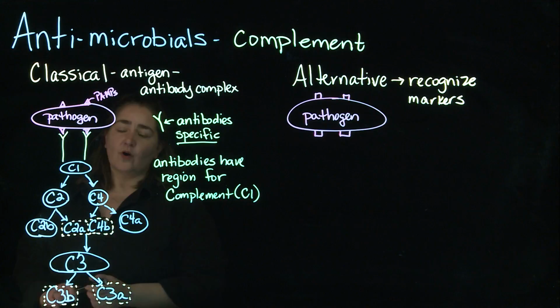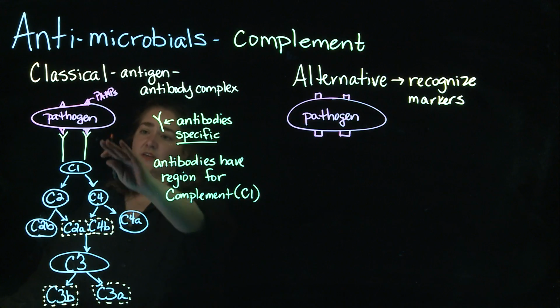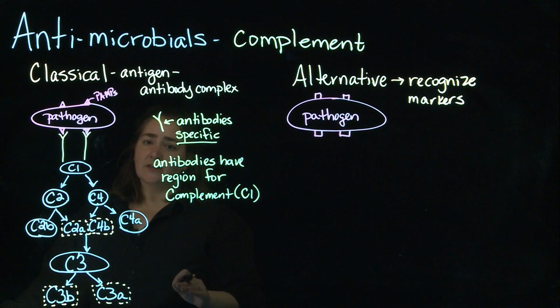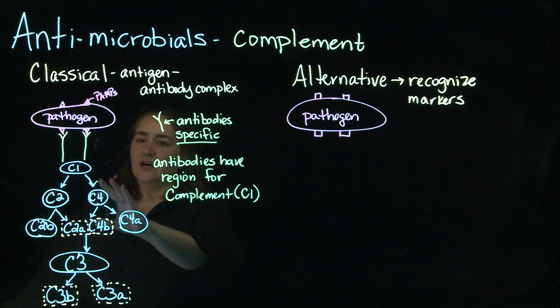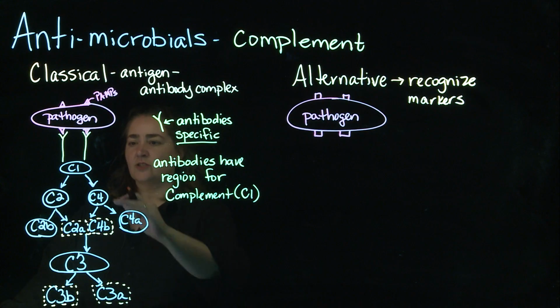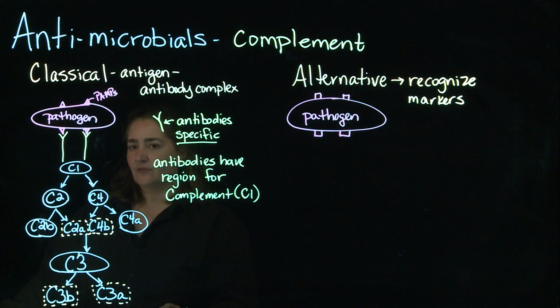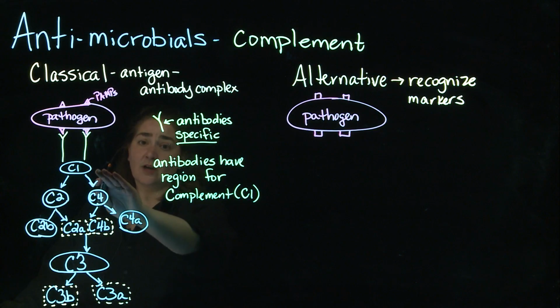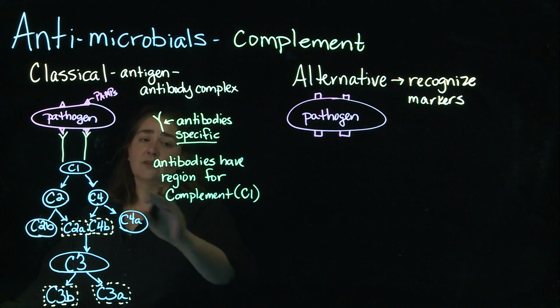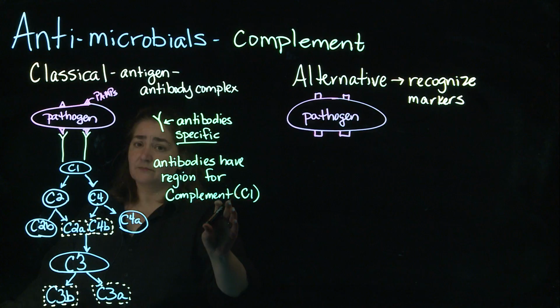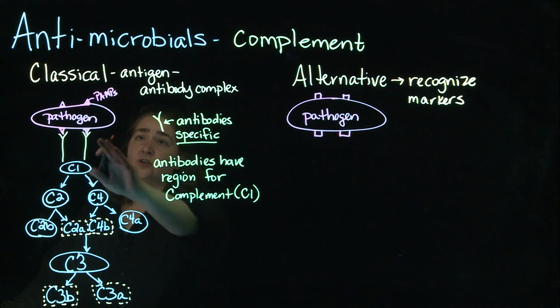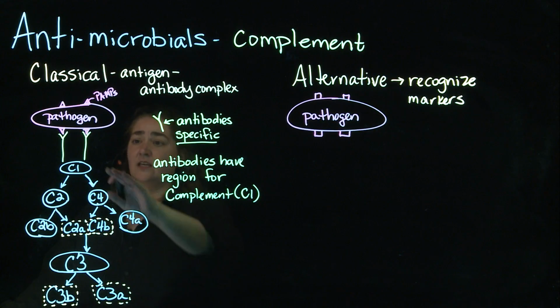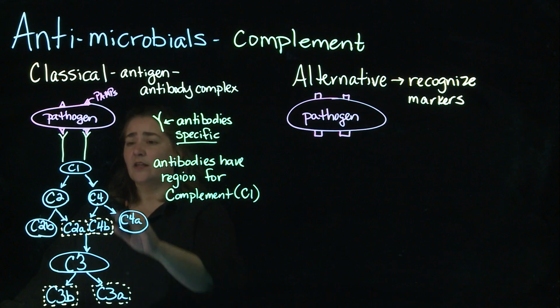What that does then is it activates a cascade of events. I'm not overly concerned that you know all of the molecules involved in the cascade. I've got some of them up here. Knowing C1, I want you to know, because C1 is the one that binds to the antibody, and that's what's going to start this process.